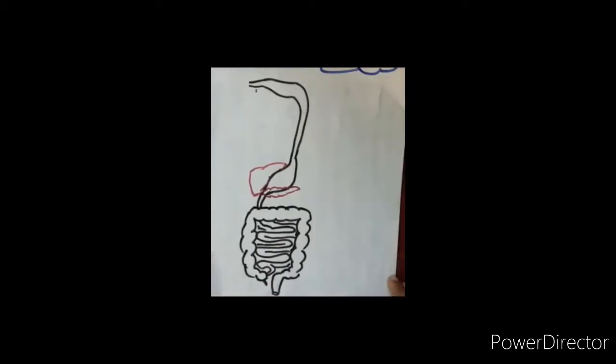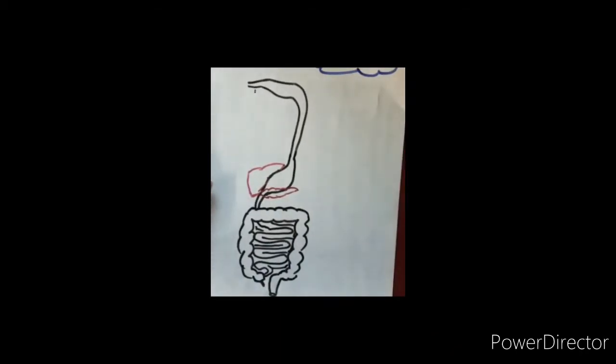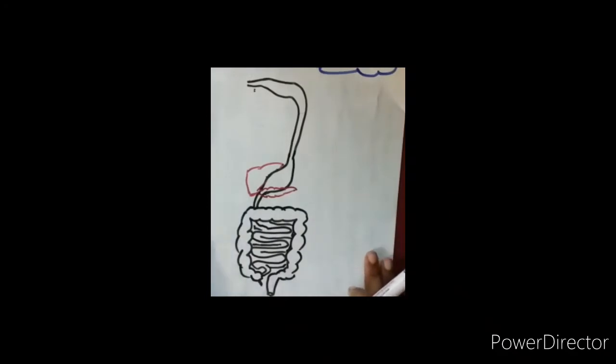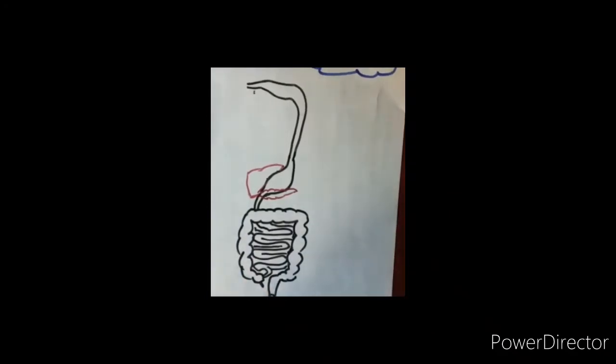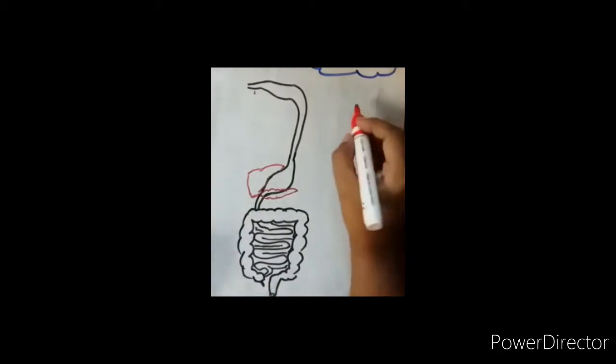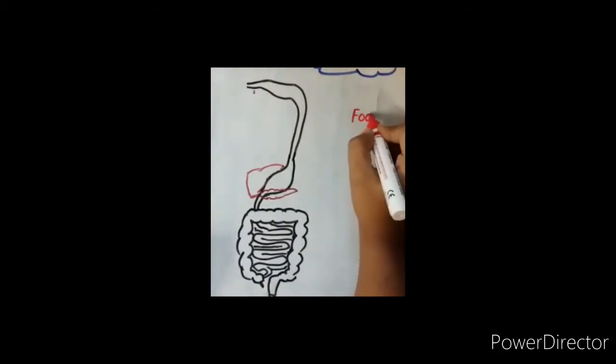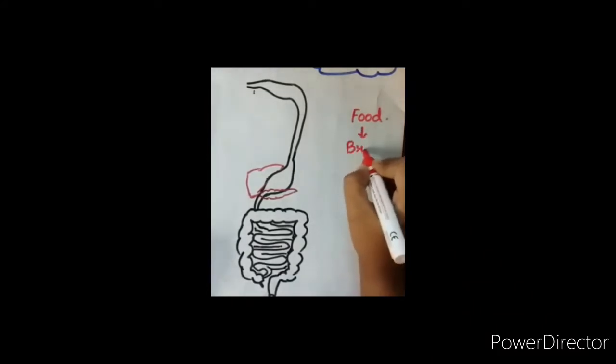Before starting, you know that the digestive system performs one very important function, that is digestion. Now why do we need digestion, why is it so important? Because the food that is eaten by an animal or any organism has to be broken down.